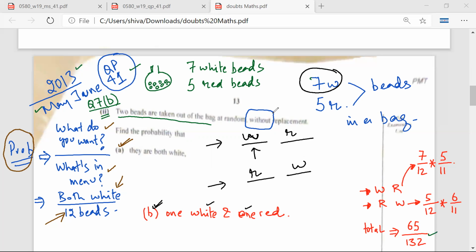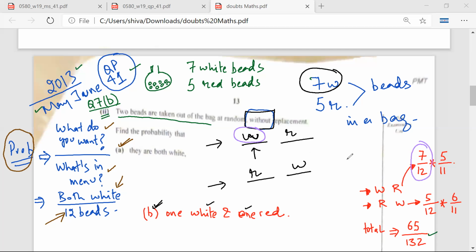Now see, all these terms are without replacement. The beads are not put back in the bag again. So if you have taken one bead out, you will have one less in the bag. Mr. Rudra, have you understood this point? Yes, sir. So if in the first turn I need a white bead, the probability of that happening is 7 by 12.